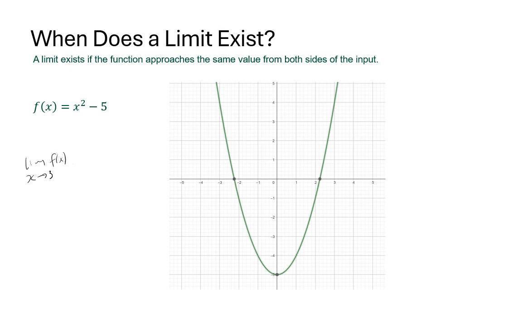When x approaches from the left, it approaches 4, and also from the right. You can see from both sides it approaches the same value, so the limit exists. We can write it by substituting 3 for x: 3 squared minus 5, which is 9 minus 5, which is 4.